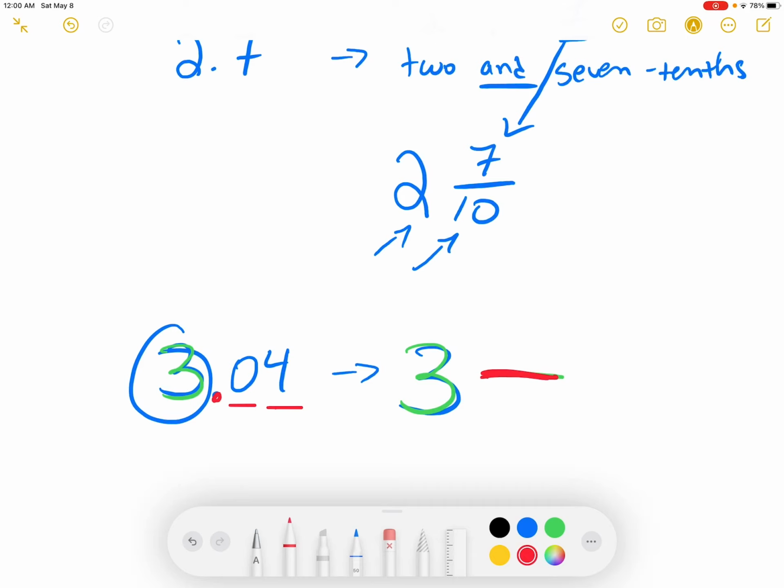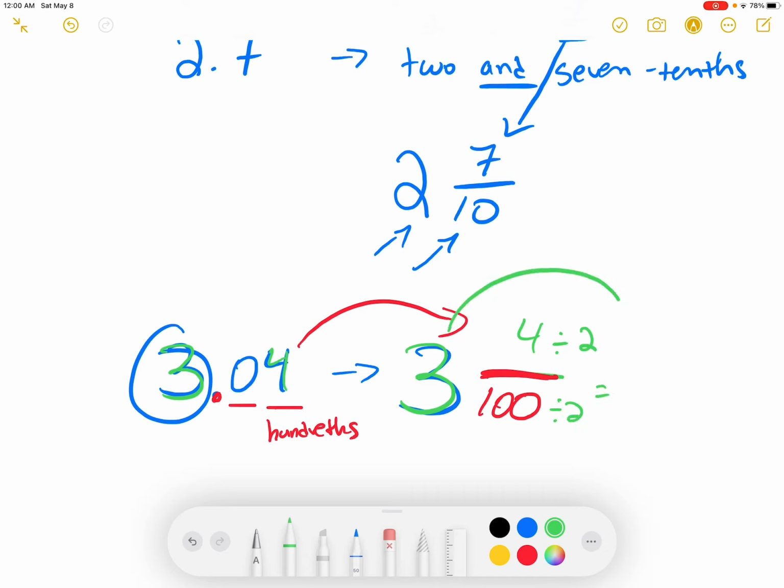Okay, how many decimal places is it over? 1, 2, right? So that's going to be in the hundredths place. So you know it's going to be hundredths on the bottom. And then the number 4 on the top. 3 and 4/100ths, which can be reduced because I can divide 4 by 2 and 100 by 2, and nothing happens to the 3. 4 divided by 2 is 2. 100 divided by 2 is 50.